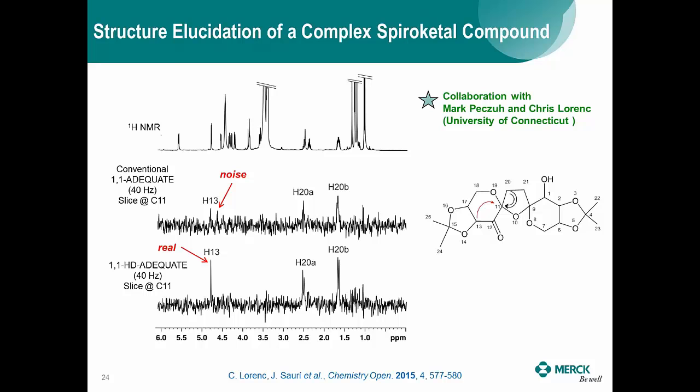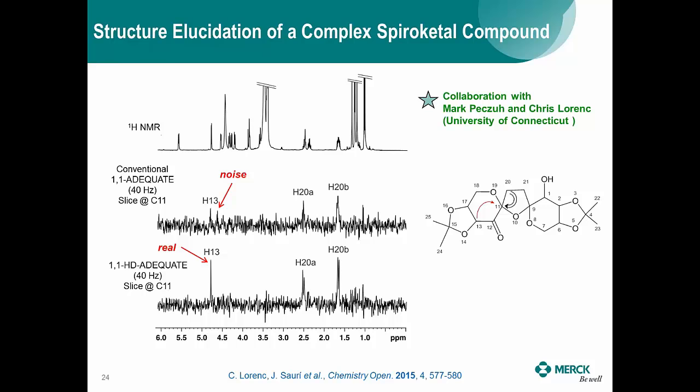The HMBC data was very ambiguous, so we actually ended up running the 1,1-ADEQUATE experiment first. And here, I just want to highlight one of these cases where the two-bond correlation shows up in the 1,1-ADEQUATE. We can see here in the middle the 1D trace from the spirocarbon 11.